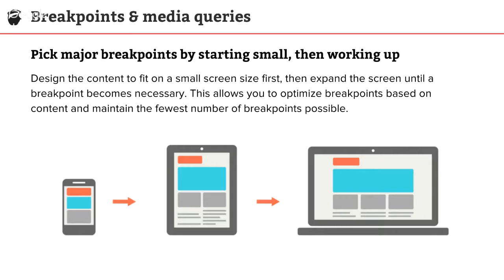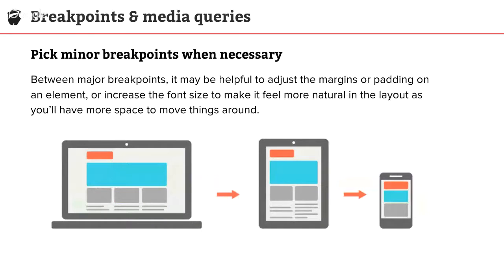The other way is exactly the opposite, starting from major breakpoints when you have a large screen, and then it is easier for you to adjust the margins and the paddings, or also you can play with the font sizes, because it's really good to experiment a bit around that when you have more screen available.